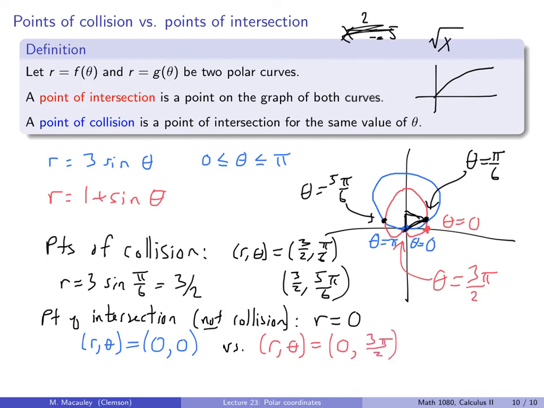So though both the red ant and the blue ant visit this point, they do so at different times. You can convince yourself that this origin is really the only time that a point of intersection is going to happen without a point of collision.